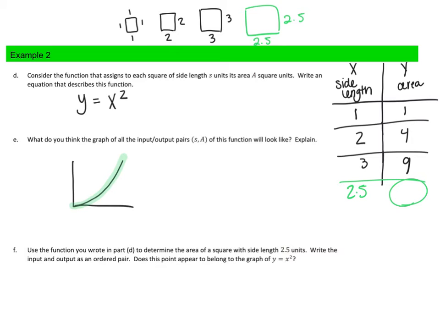And when I do that, I get 6.25 for the area. Will it go on that graph? Yeah, it will go on this graph because it follows the same rule. So yes, it will fall on that same graph.